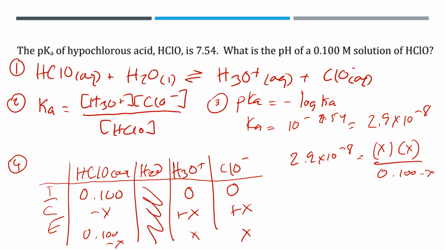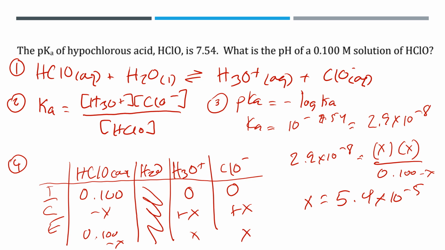Because our K sub A is small, we can assume x is negligible, or we can use our calculator. So x equals 5.4 times 10 to the negative 5. And since x equals the hydronium concentration already, we can use that to get the pH.